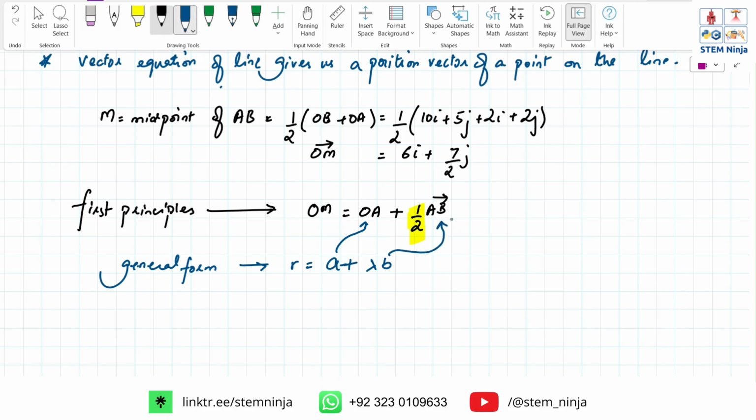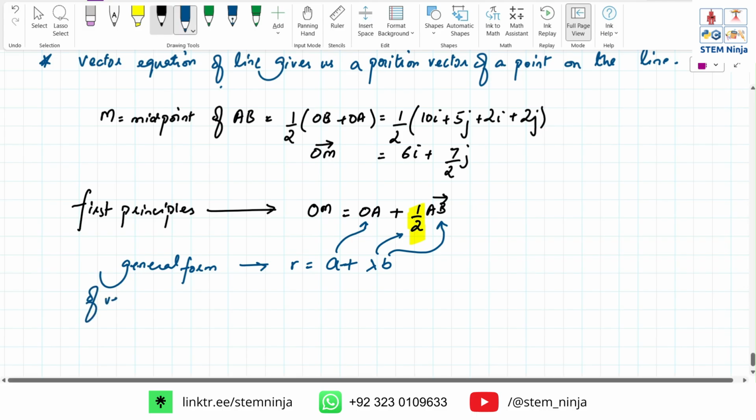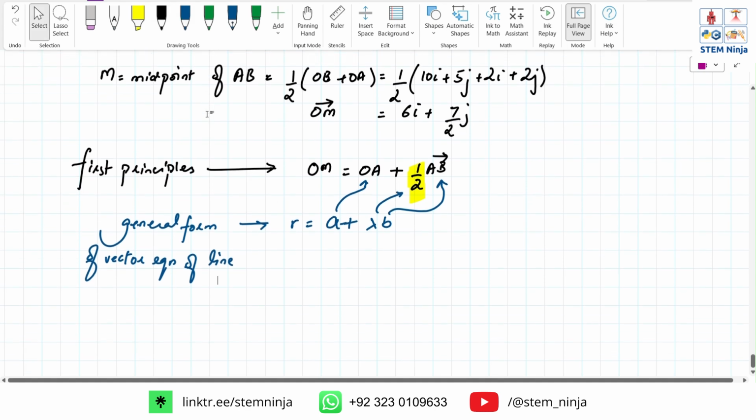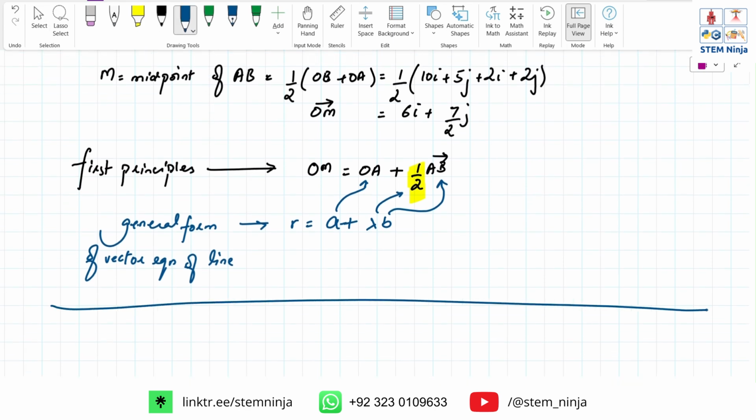This is our direction vector, and this is the scalar multiple with the direction vector. So this is the general form of the vector equation of a line. Now this process is very straightforward. There is not quite a lot in it.